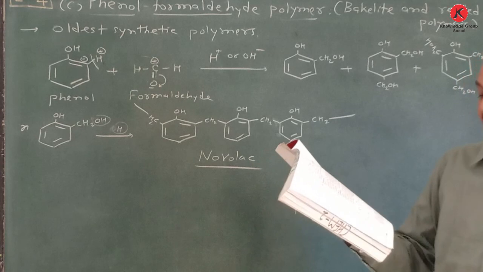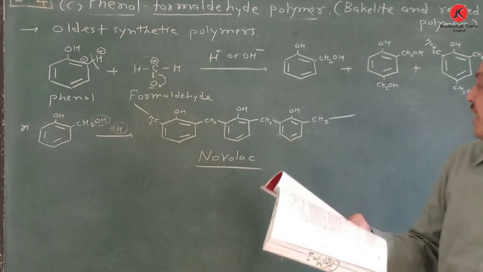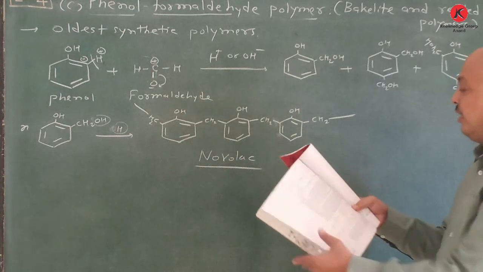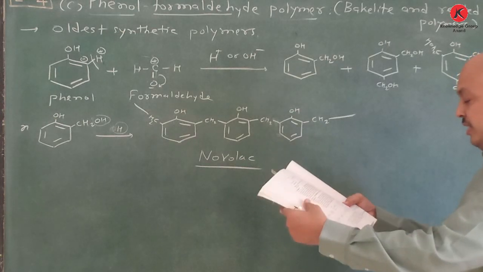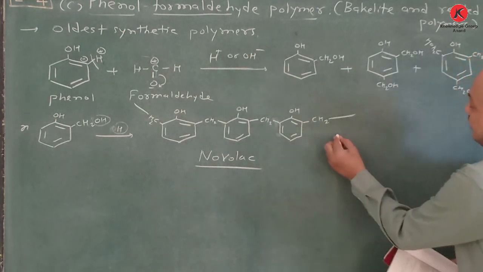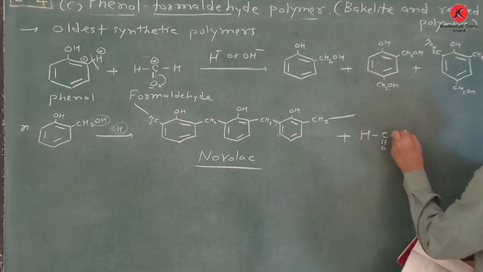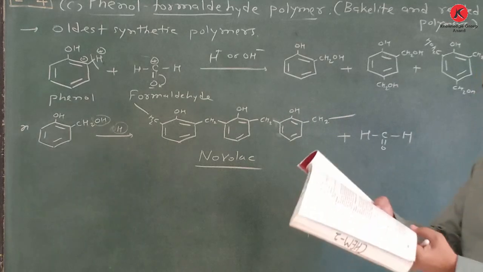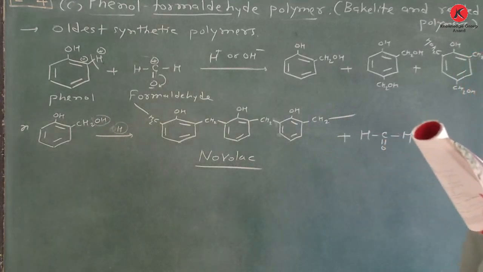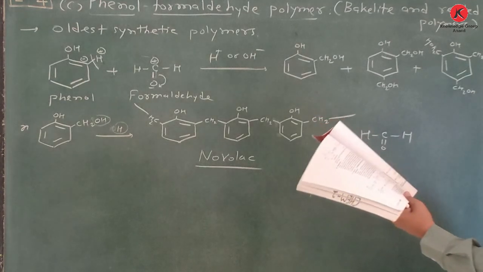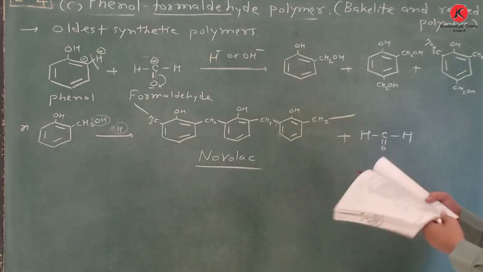This Novolac, on heating with formaldehyde, undergoes cross-linking to form an infusible solid mass called bakelite.